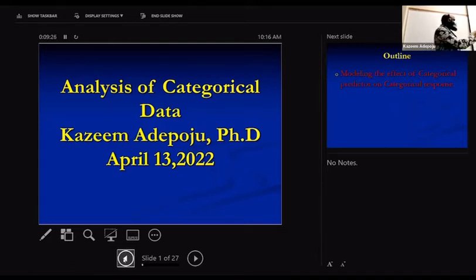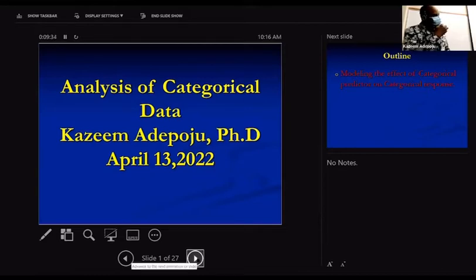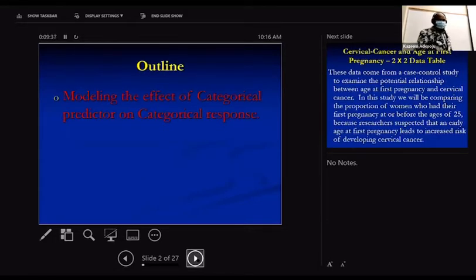And that is the reason why we call the title Analysis of Categorical Data. Now, in the outline, how do we model the effect of a categorical predictor on a categorical response? I'm going to give you this example now.